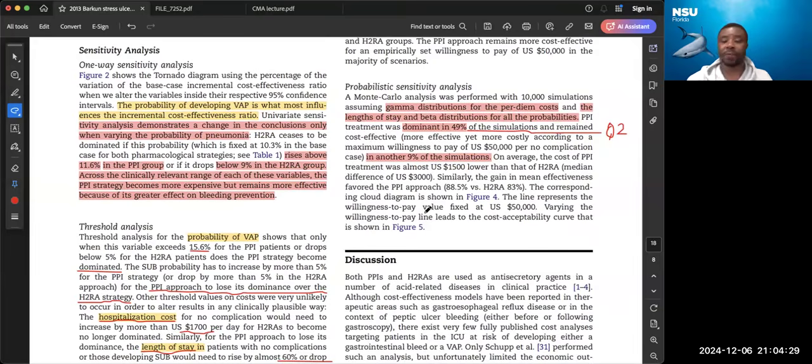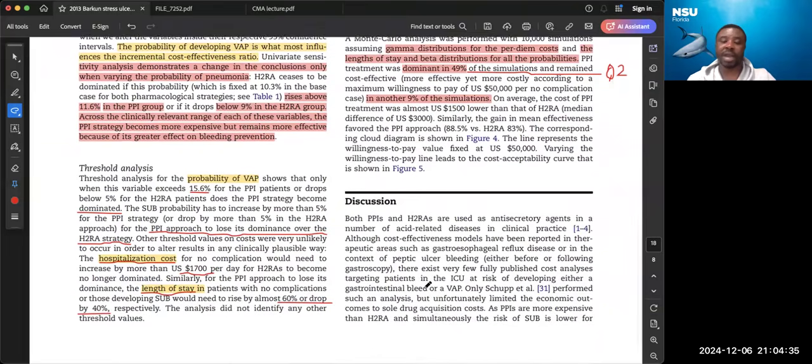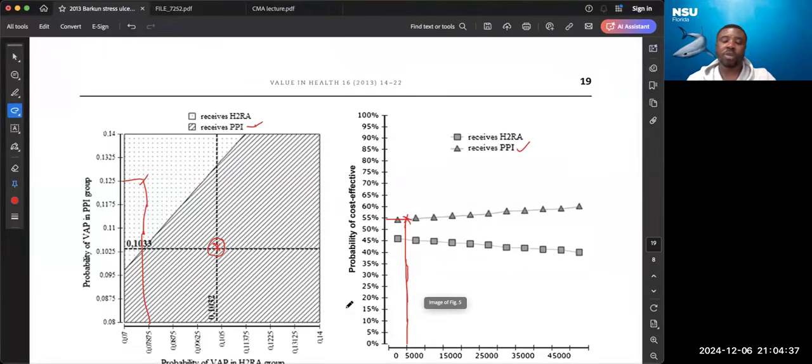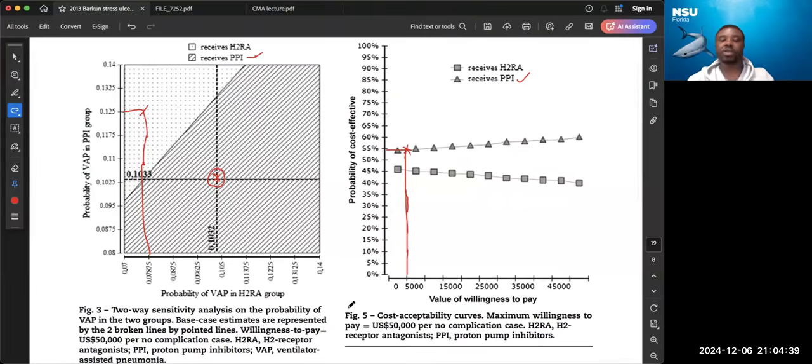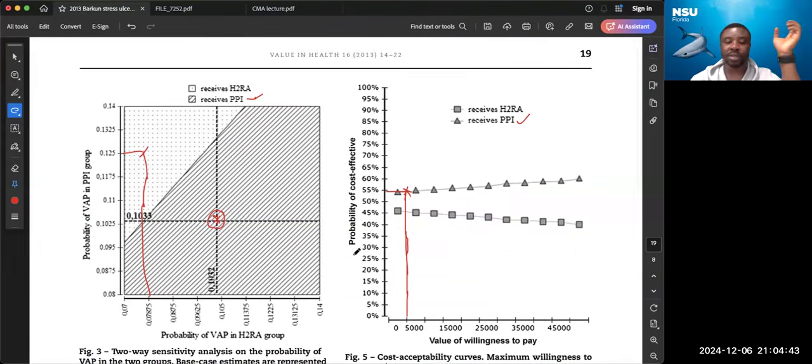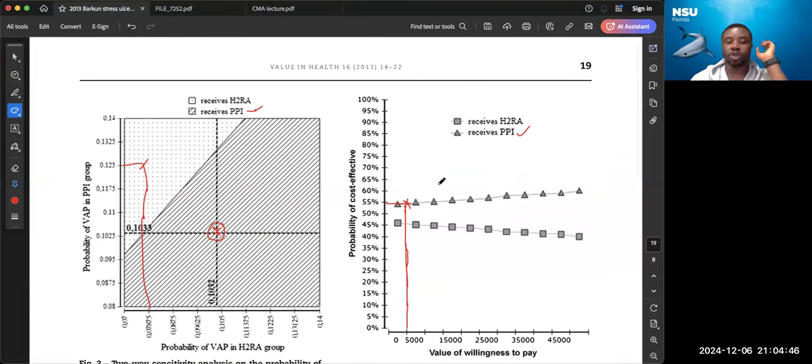And they did, for the cost, the incremental cost acceptability curve. It's just another multi-way sensitivity analysis that shows that, for example, if you are willing to pay a certain amount, which of the two options would you choose? In this case, this is the probability of cost effectiveness, so we are looking for a bigger number.